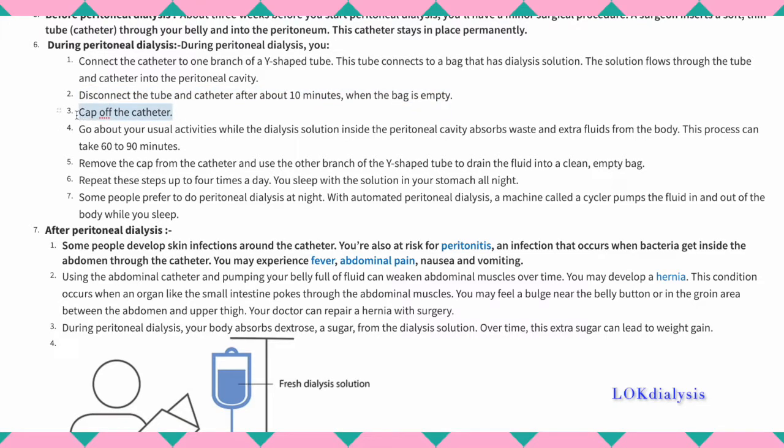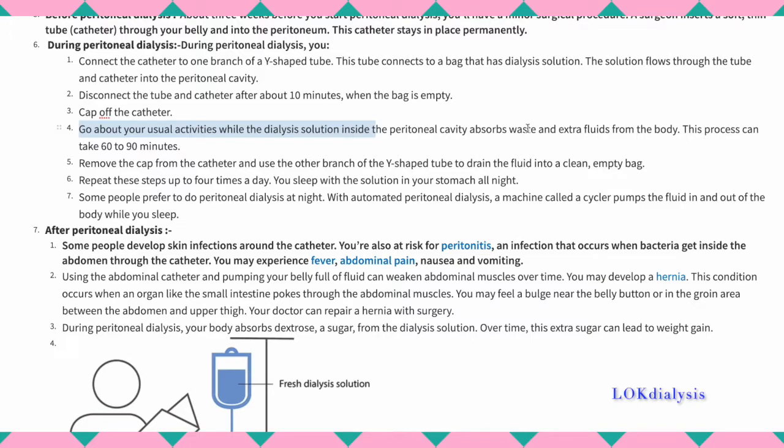Go about your usual activity while the dialysis solution inside the peritoneal cavity absorbs waste and extra fluids from the body. This procedure can take around 60 to 90 minutes. Remove the cap from the catheter and use the other branch of the Y-shaped tube to drain the fluid into a clean empty bag.